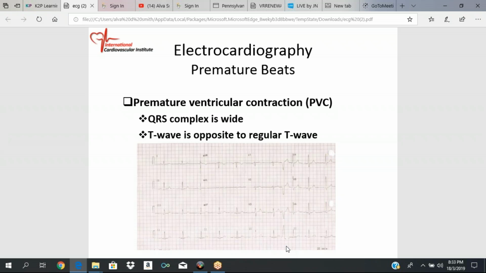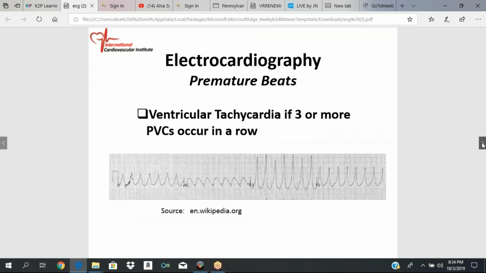Okay, and the T wave, which comes after the QRS, is usually in the opposite direction to the normal T wave. Okay, so those are some of the things that will let you know that you're dealing with a PVC as opposed to a PAC. And of course, when we say ventricular tachycardia, remember we talk about sinus tachycardia, where the rapid beat comes from the sinus node.